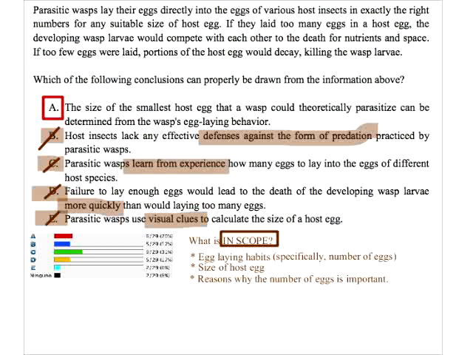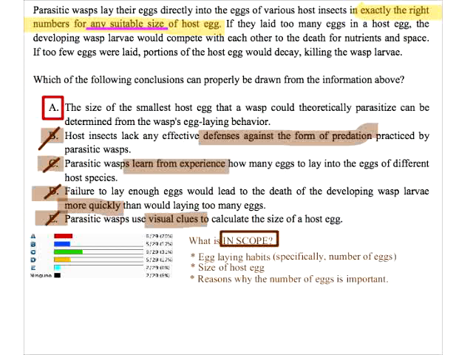Well, it's exactly the right numbers for any suitable size of host egg. So that means that there is some smallest egg, because there's going to be some size of egg where your suitable number is 1. And then below that, your suitable number is going to be 0 eggs, and that means it's too small.